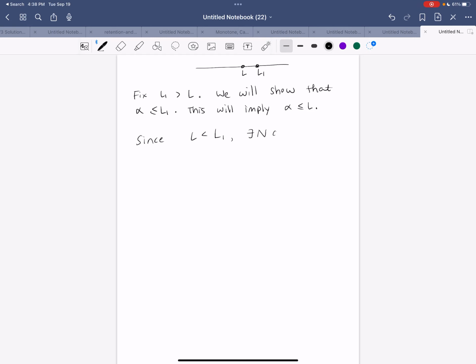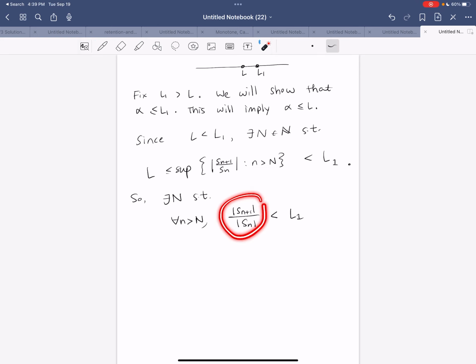So since L is less than L1, there exists an n such that the sup of this set is less than L1, bigger than or equal to L. So there exists a big N such that for all little n bigger than N, the absolute value of S_{n+1} over the absolute value of S_n is less than L1, right?